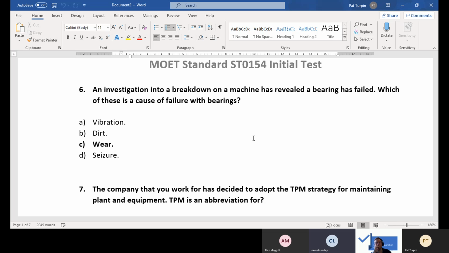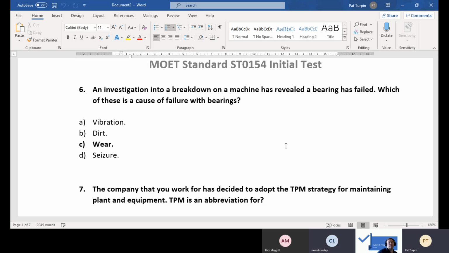That bearing question. Well, wear can be subject to vibration or dirt, can't it? You can make an argument for A, B, and C, not D, obviously, but A, B, and D are all symptoms of C. Yeah, that's what I thought as well.